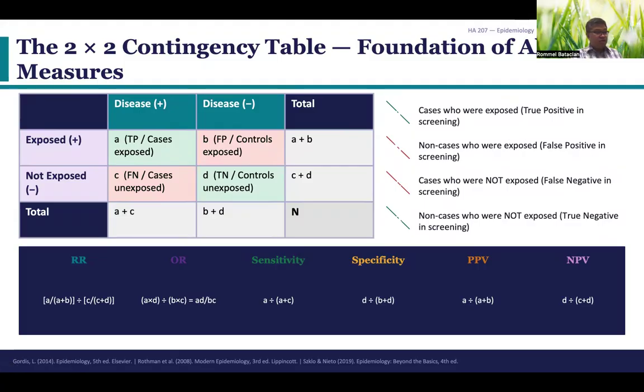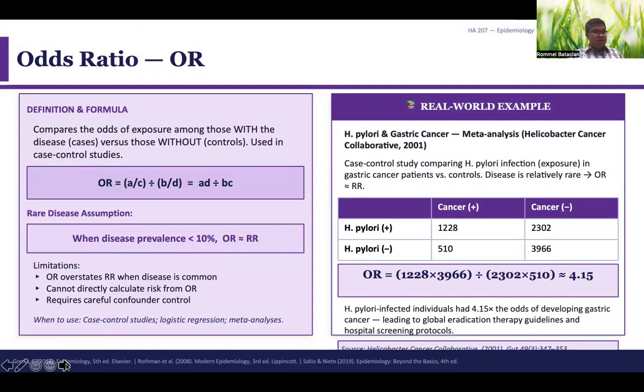So in case control, if you would go back, you start with people who already have the disease or the cases and those who don't have the disease or the controls. And you look back to see how many in each group were exposed. Because you have sampled cases and controls separately, you cannot calculate incidence in the exposed and unexposed groups.